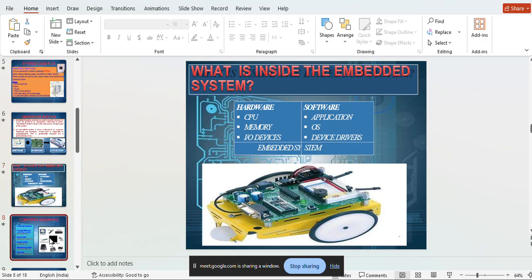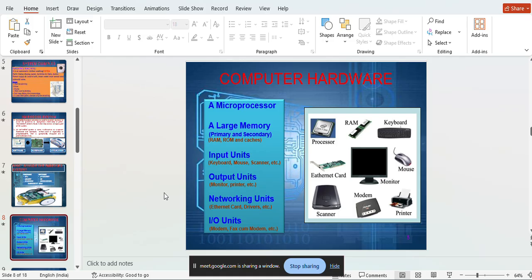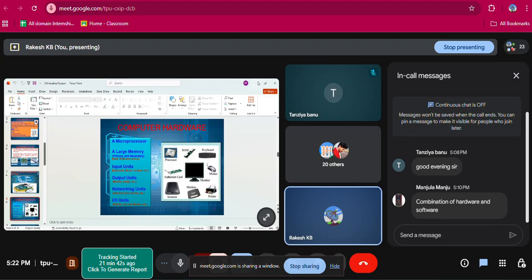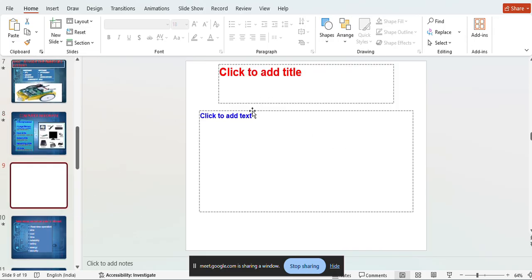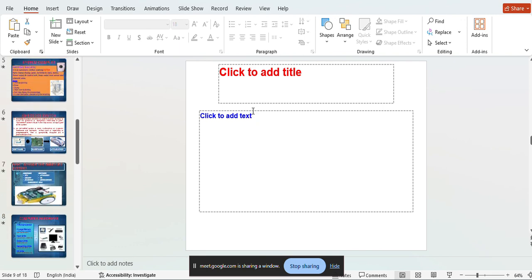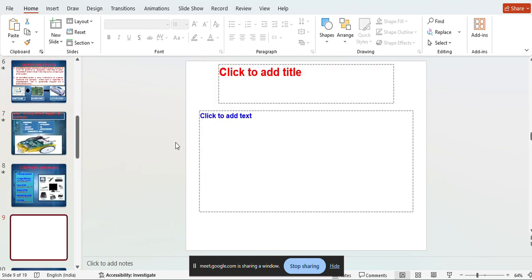Okay, and then we have the computer. Now we will discuss input output devices for the computer. Let us take an example of a system. Inside every computer there will be multiple devices.